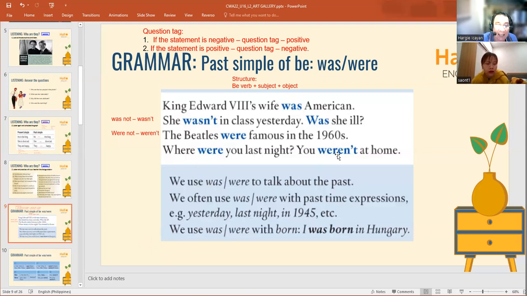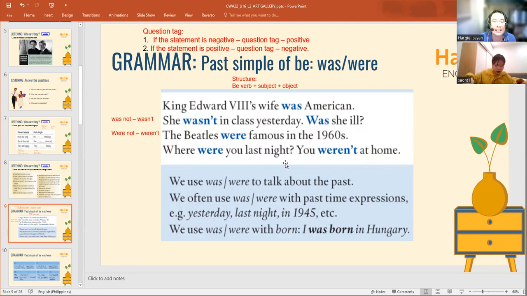Look at this: negative tag, positive statement. Let's try number three: The Beatles were famous in the 1960s. Where were you last night? So you are going to say you weren't at home.